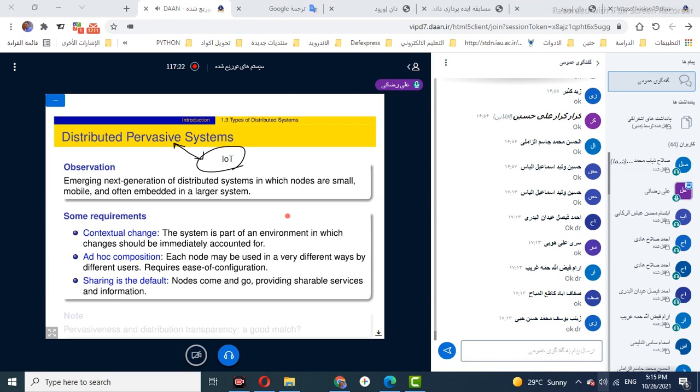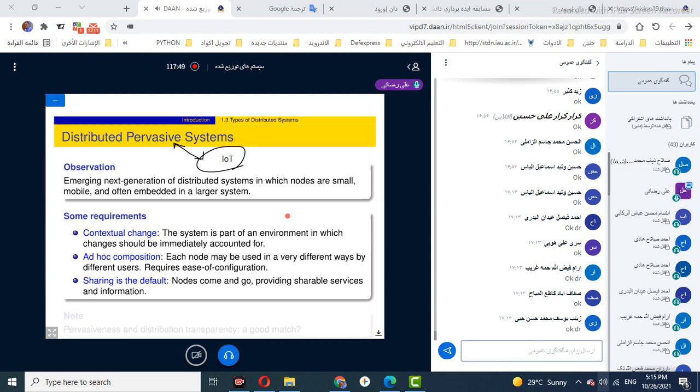For example, currently you are at home, and in 10 minutes something happens and you should go outside and check something. Your context will change. Your context is currently your house. You live in your home, and your family is around you.